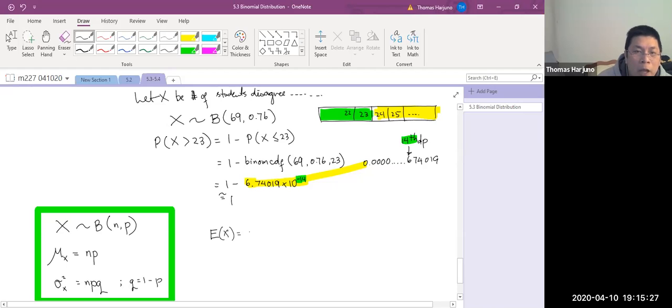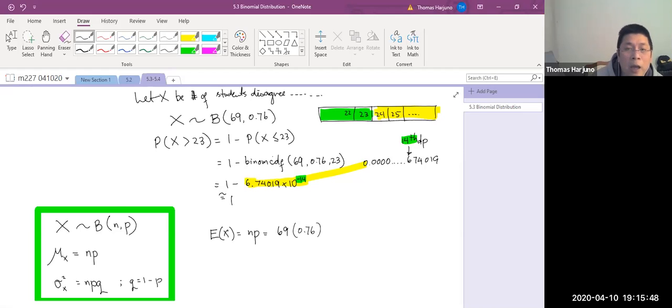That will be n times p, which in this case is 69 times 0.76. I get 52.44.